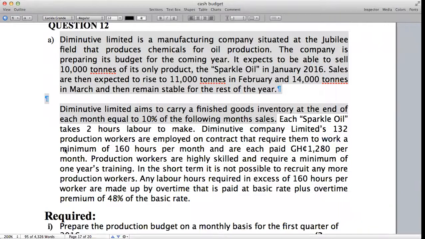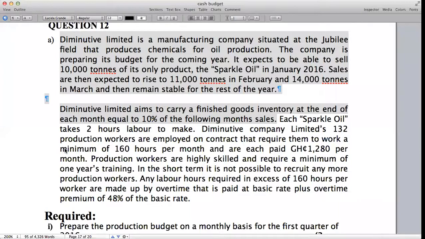Sales are then expected to rise to 11,000 tons in February and 14,000 tons in March, and then remain stable for the rest of the year. So if I understand it well, from March up to December, it will be 14,000 per month.